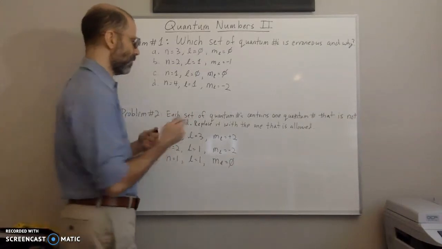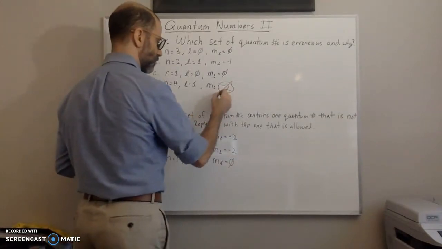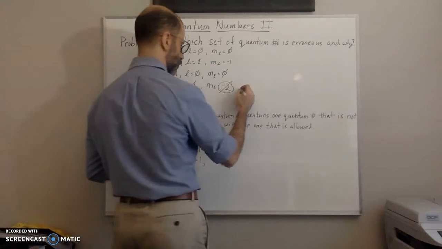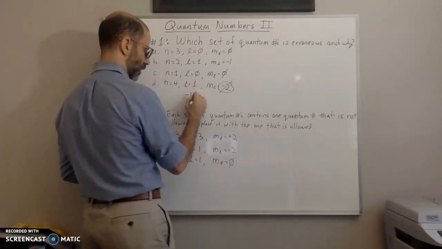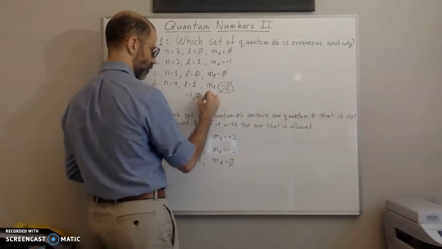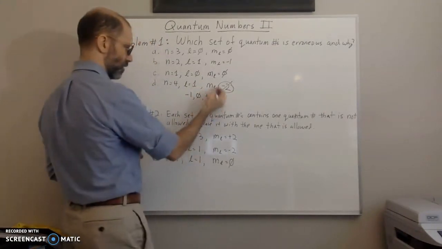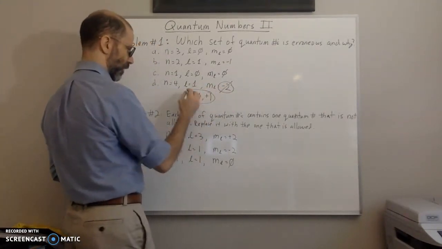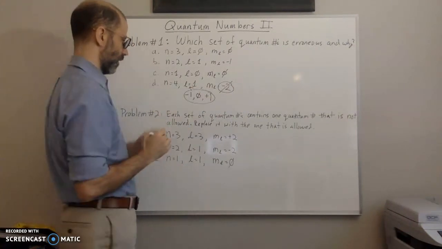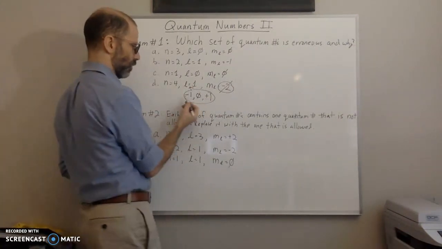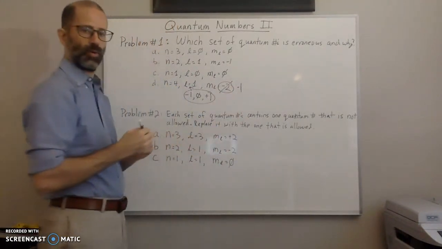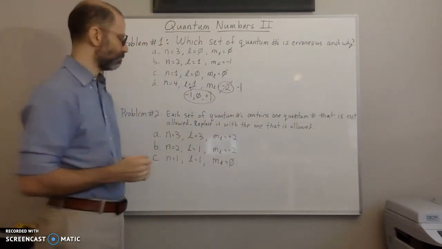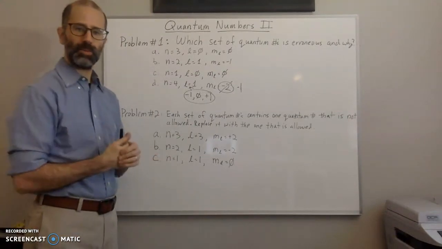So this is not right. Again, the reason is because for this L value, the m sub L values can only be negative 1, 0, or positive 1. So we could pick any one of these instead. We could put negative 1 instead, and then we've fixed the error. Okay, that's problem number 1.